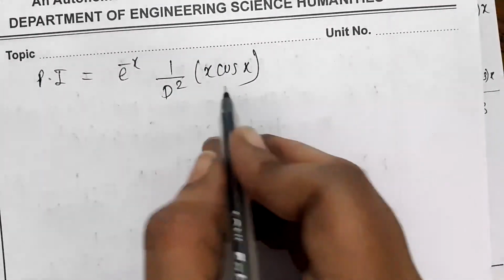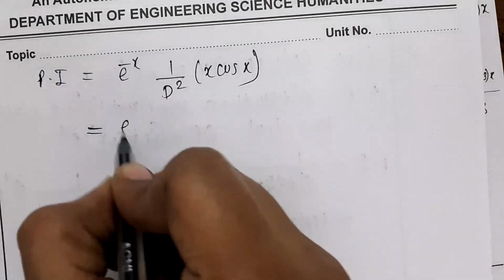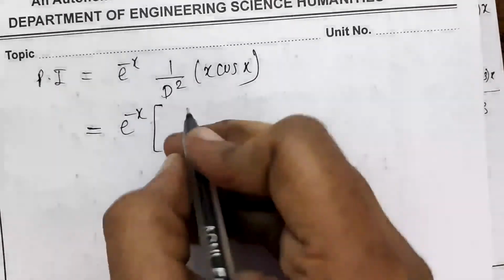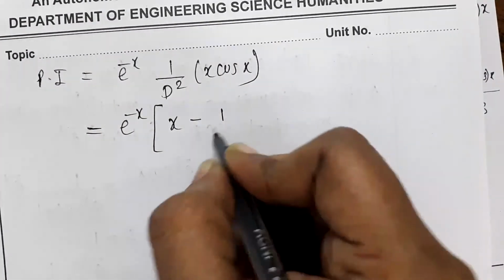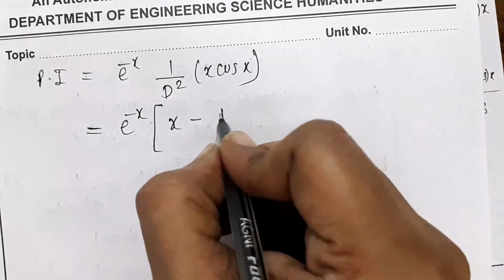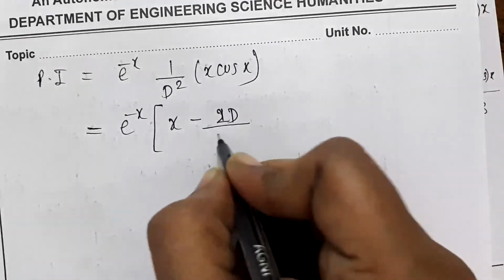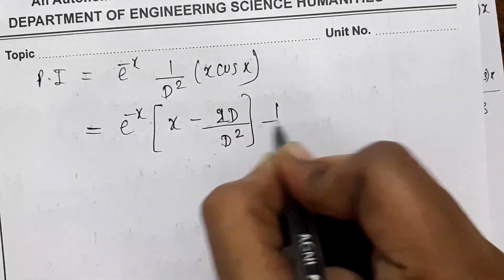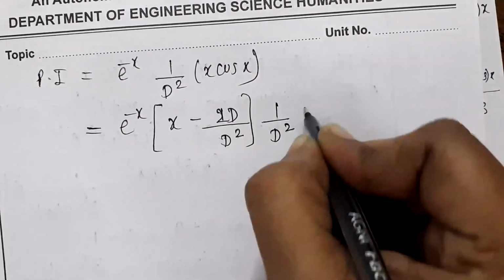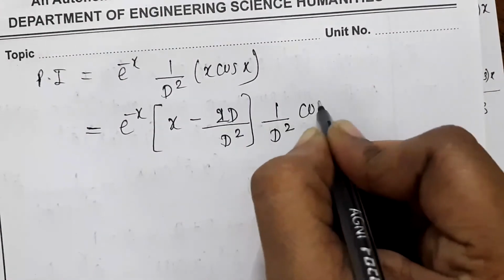So 1 upon d square into x cos x is e to the power minus x. Use that property: it is x minus 1 upon phi dash of d, that is 2d, divided by phi of d. Phi of d is d square, multiplied by 1 upon d square of cos x.